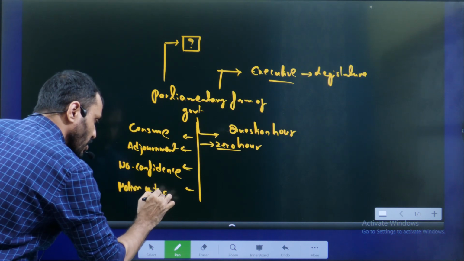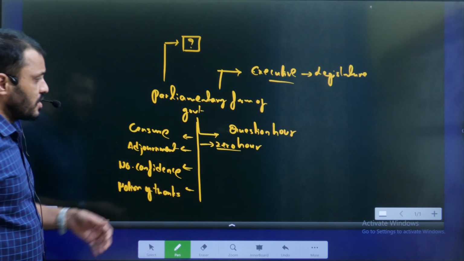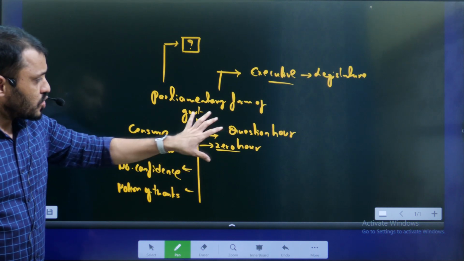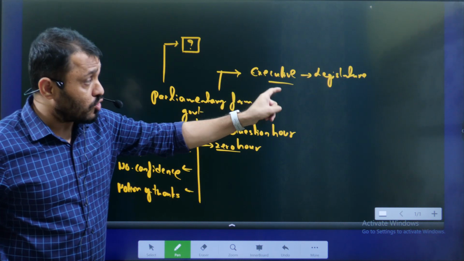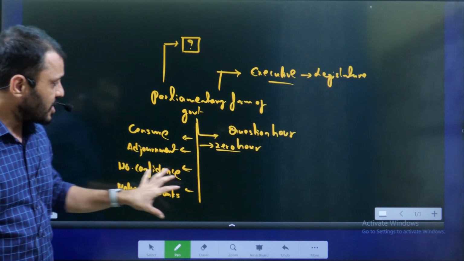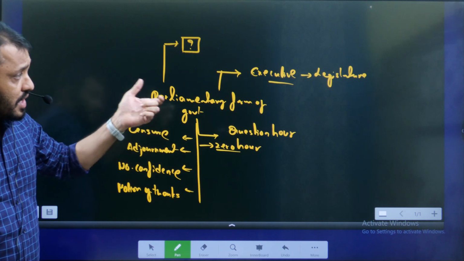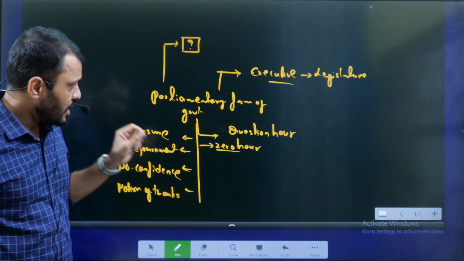If you look at all these instruments, you will understand that through these instruments the executive will be controlled by the legislature. Here executive means the Union government.